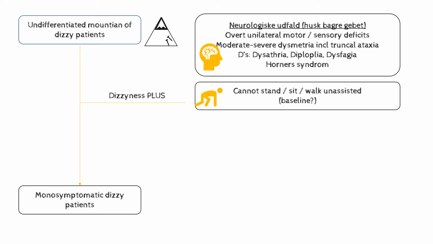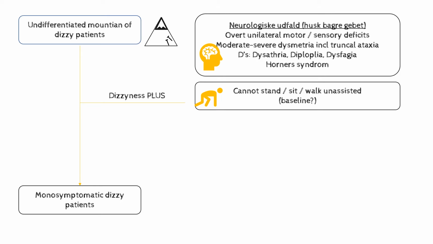Sensory-wise, sometimes you will need to test for pain stimuli, because that is some of the lateral medullary brainstem symptoms. So it's not just touching; it's also pain. The moderate to severe dysmetria and truncal ataxia are really important, and as we will see in a bit, the patients can be lightly ataxic.